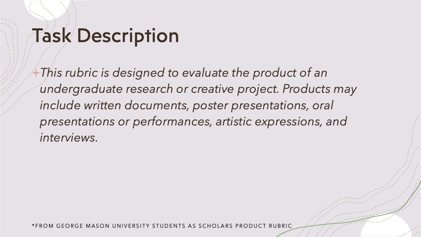This rubric is designed to evaluate the product of an undergraduate research or creative project. Products may include written documents, poster presentations, oral presentations or performances, artistic expressions, and interviews. So when you write your rubric, you should be very clear about the activity, the assignment, the performance, or presentation that's being assessed.